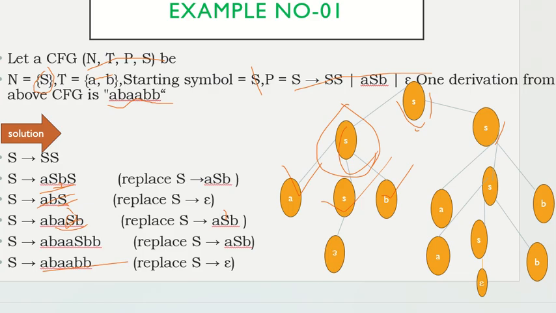The leaves at the bottom level spell out the final string. This is a leaf node. This is a leaf node. The leaf nodes are terminals, and this is a branch node.